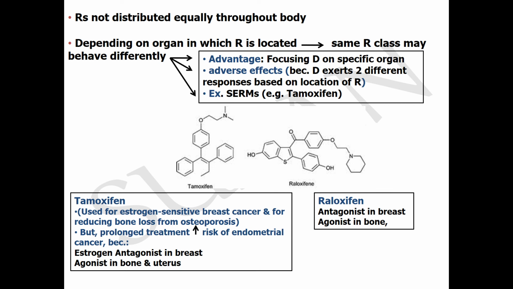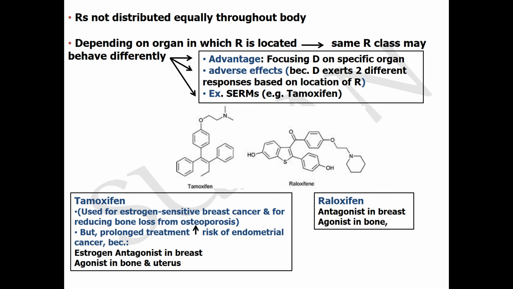Tamoxifen is used for estrogen-sensitive breast cancer, and also it can be used for the treatment of osteoporosis for reducing bone loss. However, prolonged use of tamoxifen can increase the risk of endometrial cancer.